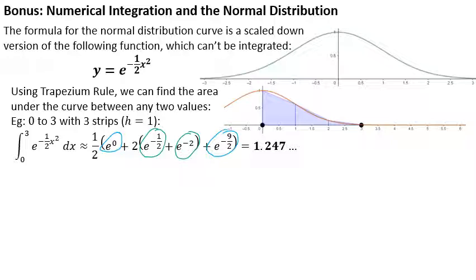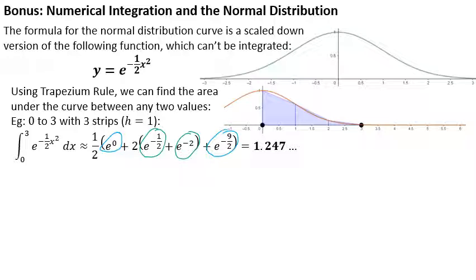The standard one, remember, is just a scaled down version of this, a y stretch, which means it doesn't affect the x coordinate of any stationary points or any points of inflection. If you differentiate twice, you can identify the moment when the concavity changes. The curve is concave from 0 to 1, but it becomes convex at the point when x equals 1, and from then onwards, for the next 2 trapezia, we're getting an overestimate instead of an underestimate from Trapezium Rule.